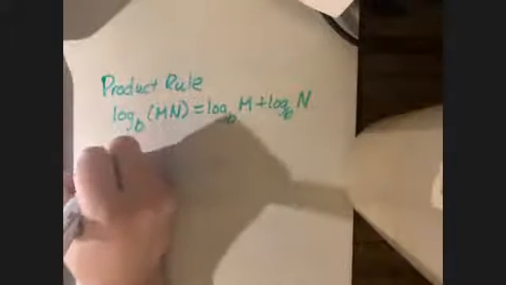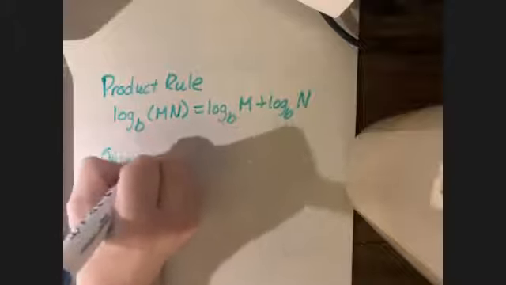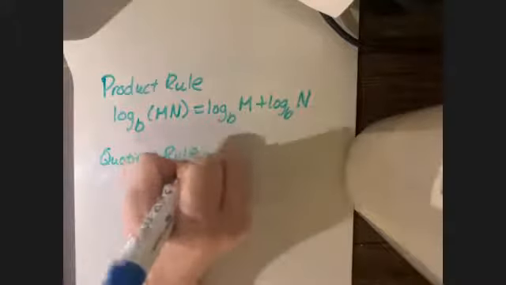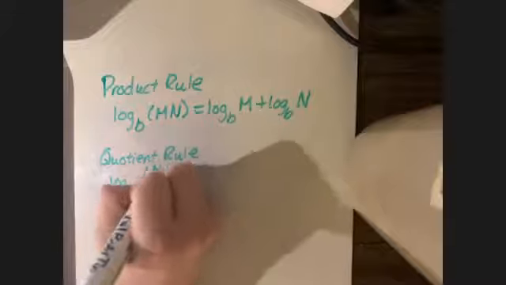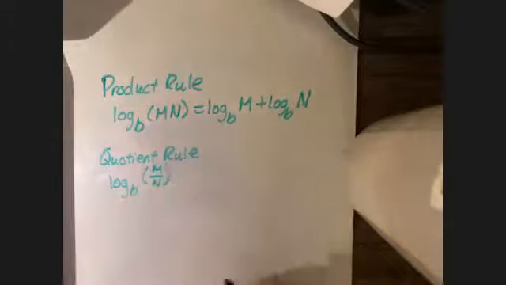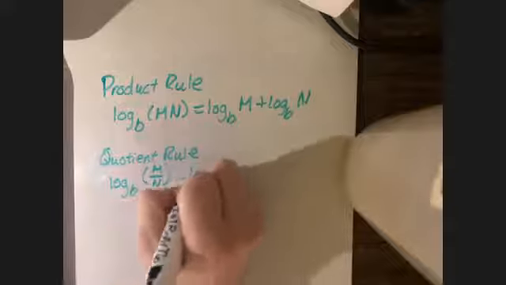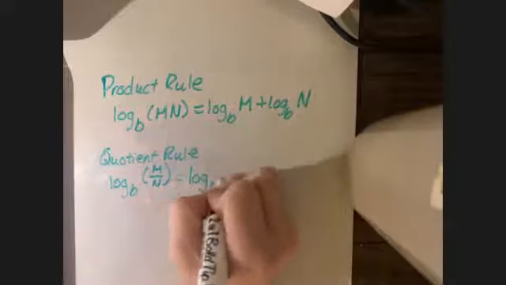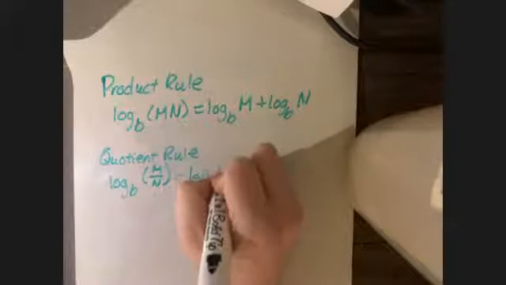We have the quotient rule. And it says log base b of m over n. And the PowerPoint does not have it written in that nice pretty fraction like that. It does it with the slashed division symbol.